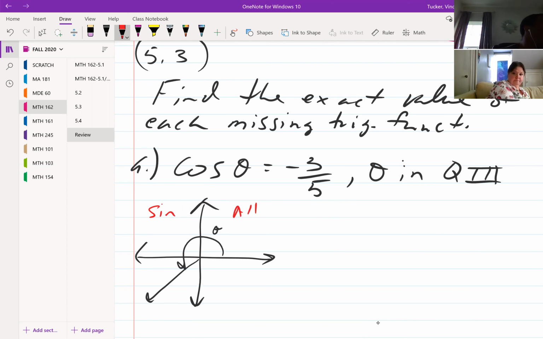Sine and cosecant are positive in the second quadrant. Tan and cotangent are positive in the third quadrant. And then cosine and secant are positive in the fourth quadrant.